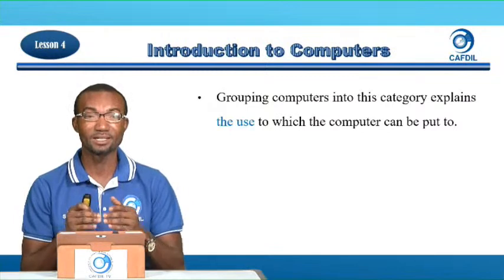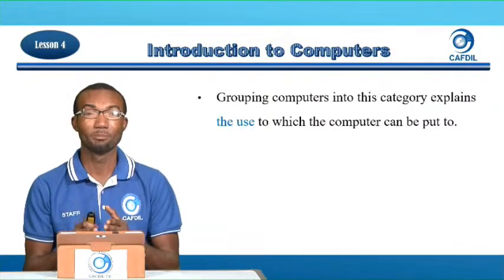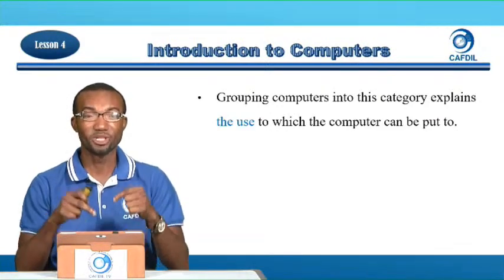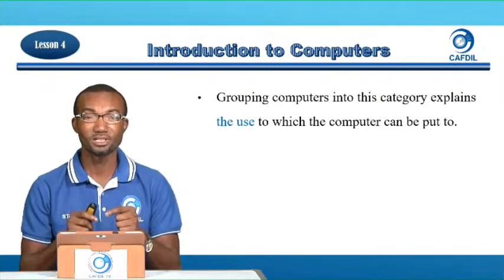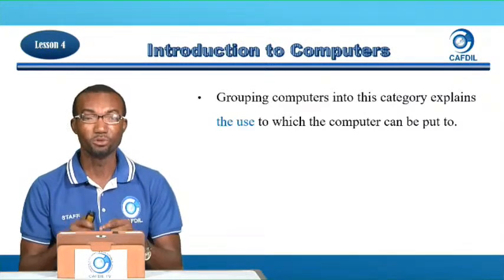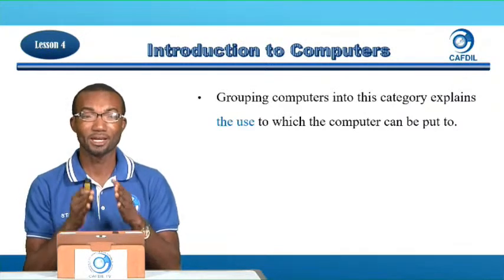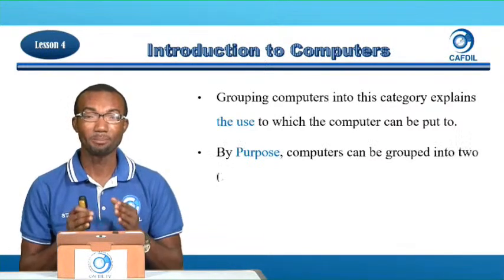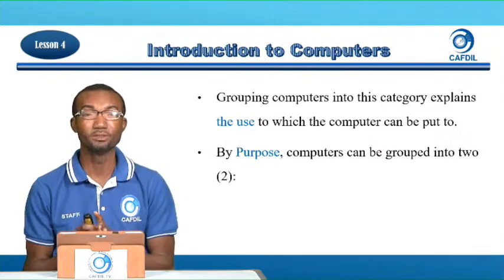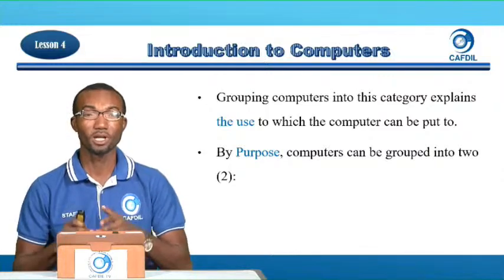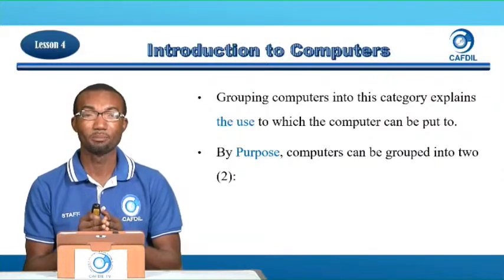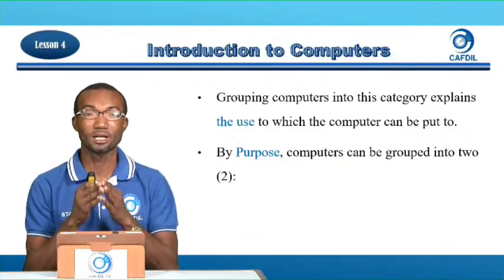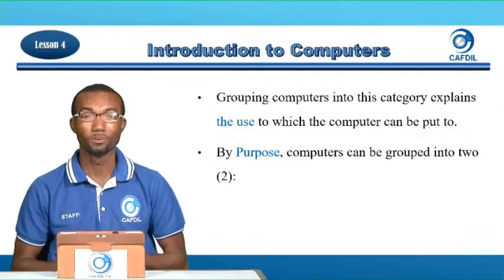If I'm designing any computer by purpose, I have to ask the reason why I am building this computer. What is this computer going to be used for? That is grouping computers by purpose. By purpose, computers can be grouped into two.